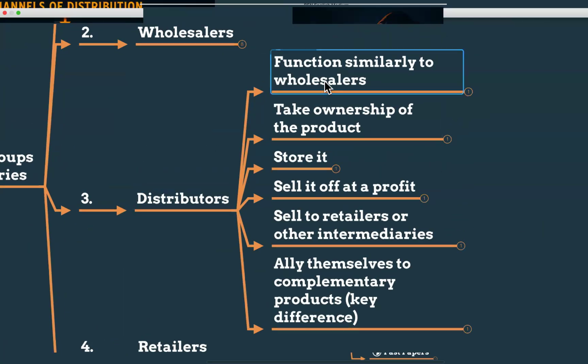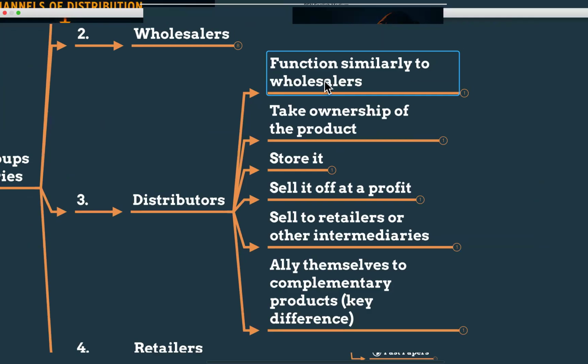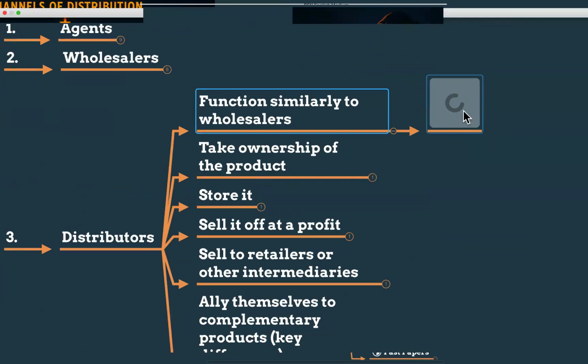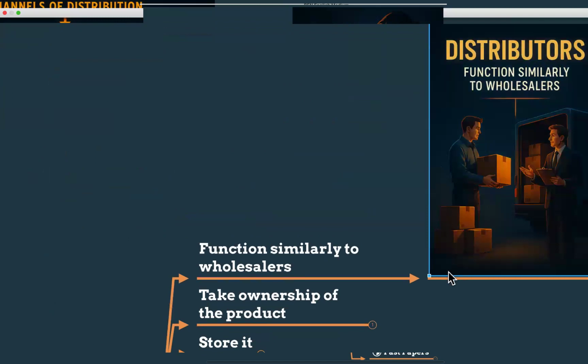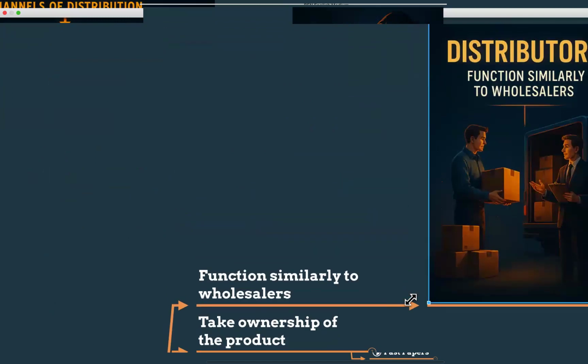And there is another intermediary called distributors, right? It is also similar to wholesalers, my dears, but usually they focus on some specific brands or some complementary products. Similar in function to wholesalers, distributors also buy and resell.